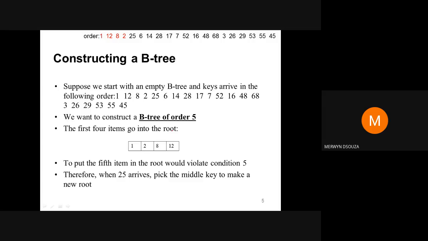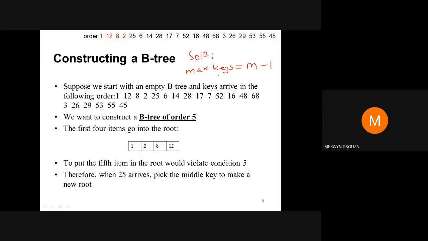Once you have noted down and you start solving, your first step is to calculate the maximum number of keys that a node can hold. So you can write here: max keys equal to m minus 1.